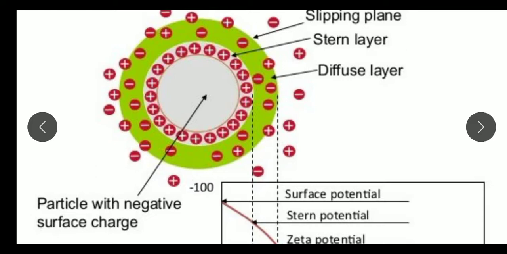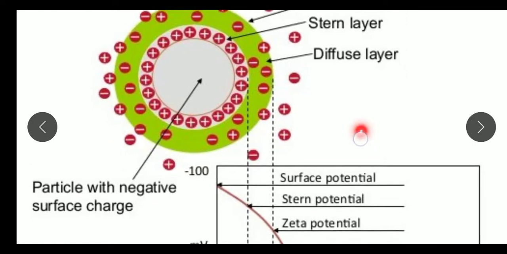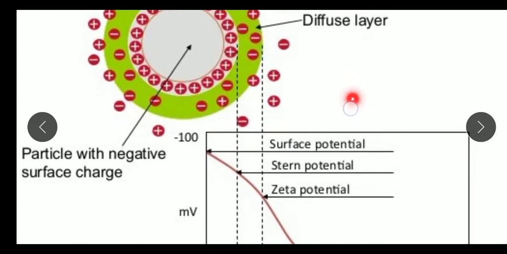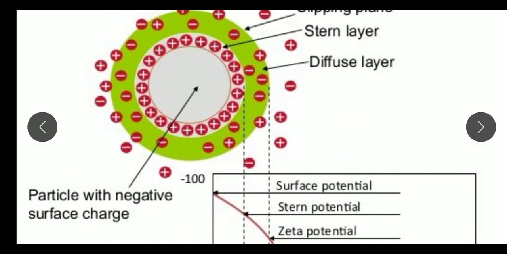The electric potential that develops between the diffuse layer and the fixed Stern layer is what we call zeta potential. A potential difference also develops between the fixed layer of positive ions and the negative charge on the surface of the sol particle, and this is known as Stern potential.